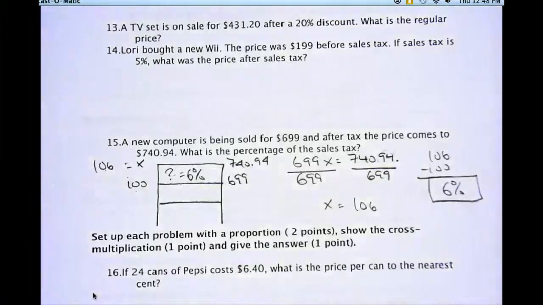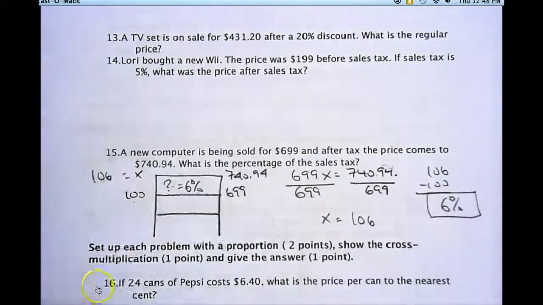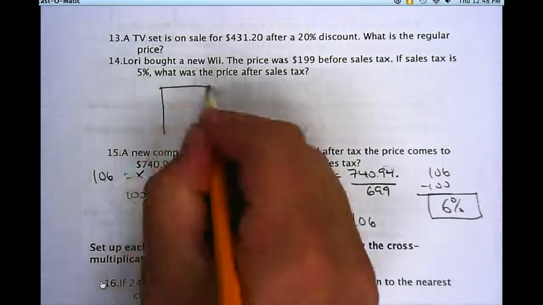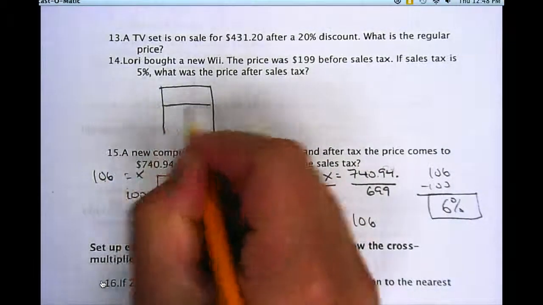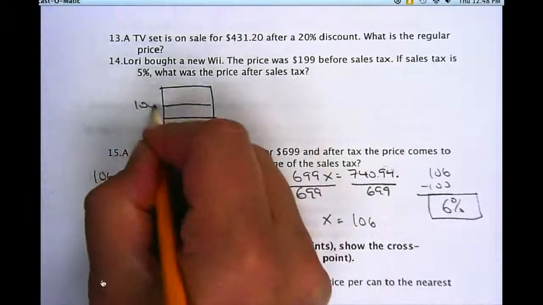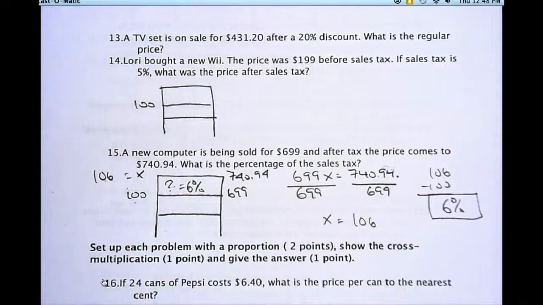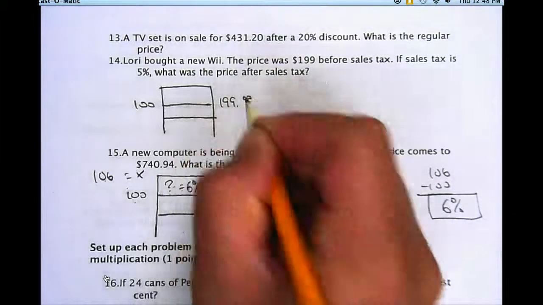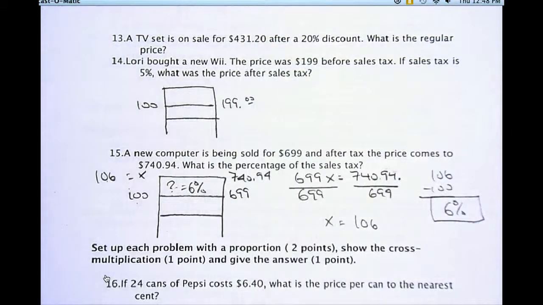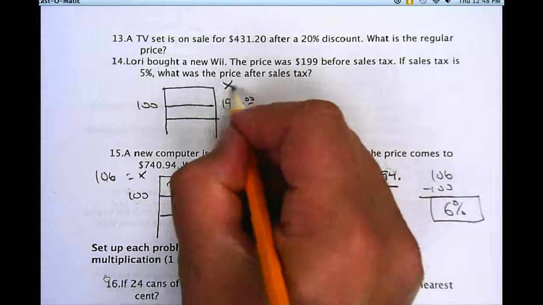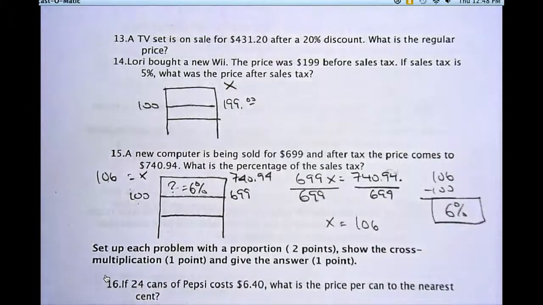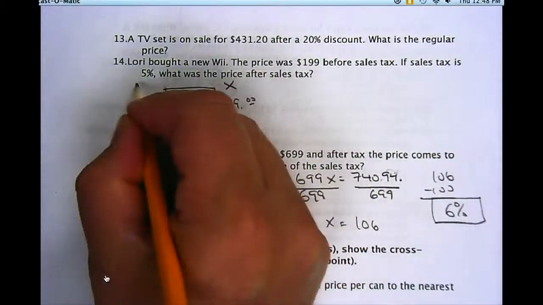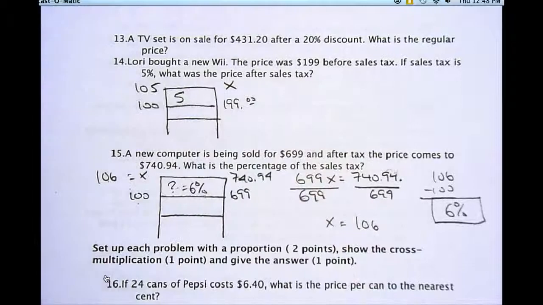Now just to make sure we have it, let's try this last one about Lori and her new Wii. I always draw my thermometer, and I put 100 there. In this one, the regular price is $199 before sales tax, so I'm going to put $199 there. If sales tax is 5%, what's the price after sales tax? I'm trying to find the price after sales tax, so my x goes there. 5% goes here, so it's 105.